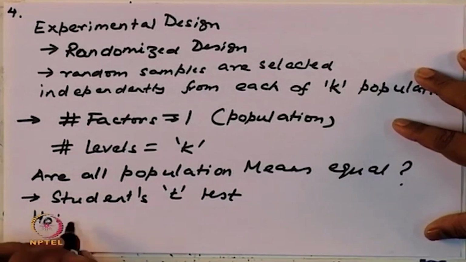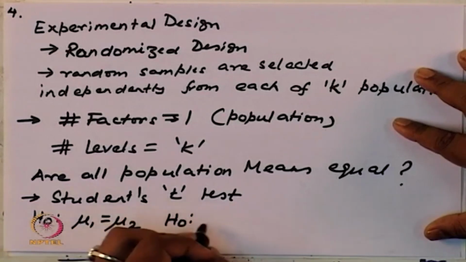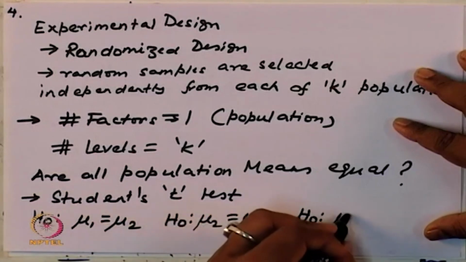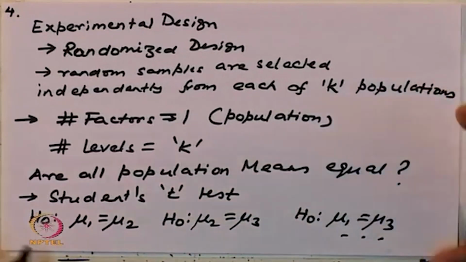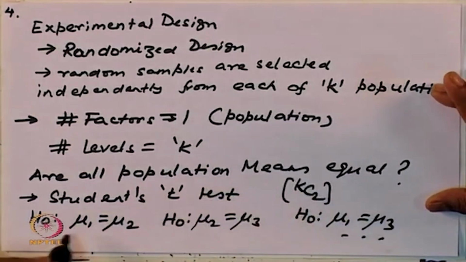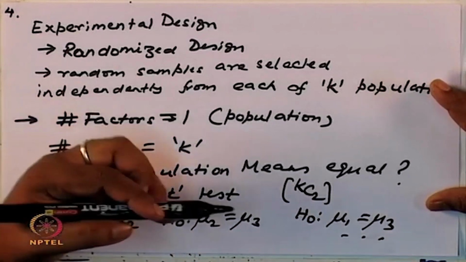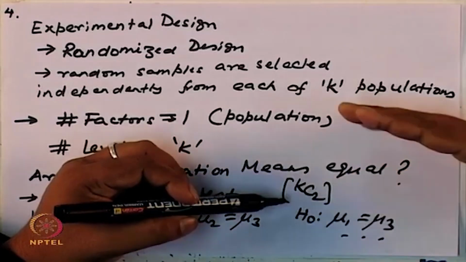H naught is mu 1 equal to mu 2, another test of hypothesis mu 2 equal to mu 3, H naught is mu 1 equal to mu 3, and so on and so forth. If you have k different populations, k C 2 is the number of tests of hypothesis that you will have to perform. Increasing the number of tests increases the possibility of error. So, ANOVA provides you the ability to come to this conclusion with a single test.